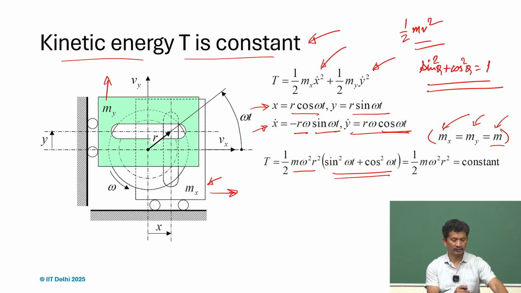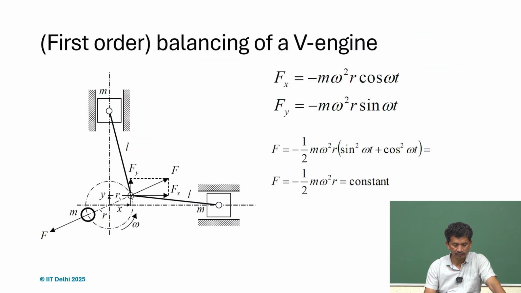In this case, the total kinetic energy will be simply half m omega square r square, which is constant. There is no phi term or omega t term coming here, so it's not dependent on the angular position. So again, it's a constant energy.